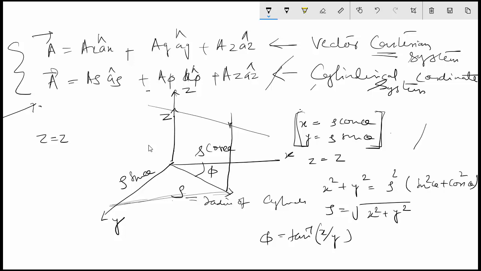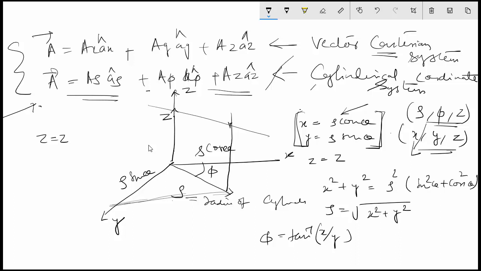Like how it's possible to transfer from one coordinate system to the other if you know the components like rho, phi and z, and again if you know the x, y and z, it's possible to transfer from one coordinate system to the other. So that's how you are doing the transformation.